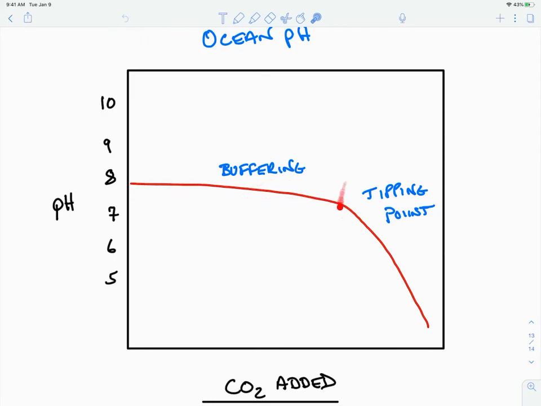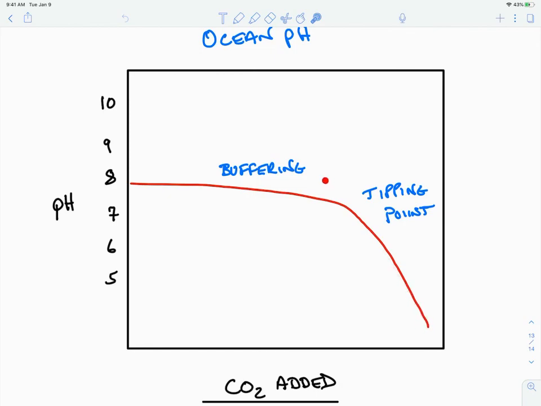However, at some point around about here, whatever that point is, if we add any more CO2, it's what's called the tipping point, and at that point the pH is just going to start to plummet in the ocean. And so we are roughly in this area over here where the buffering capacity is coming to the end, because the pH of the ocean has slowly started to decrease, and at some point it's going to get to this tipping point, which is going to be a scary time, where the pH of the ocean is going to plummet.